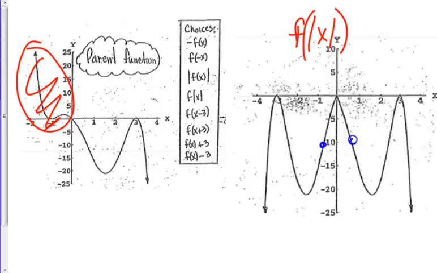If I put in a +1, I'm also at -10. Now, it isn't all positive, but we don't know what the original function could have had, a negative inside or something that made it all be negative, okay? The idea is just that whether I go left or right, I'm getting the same value out.